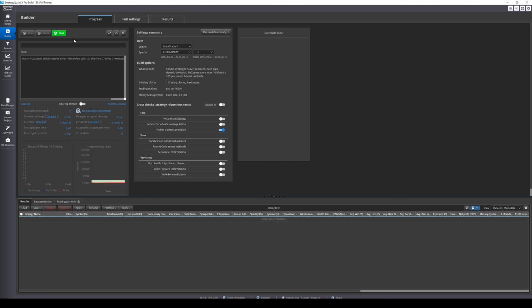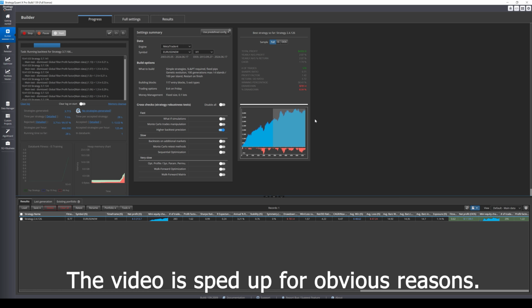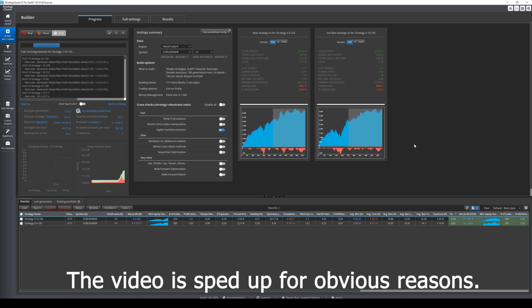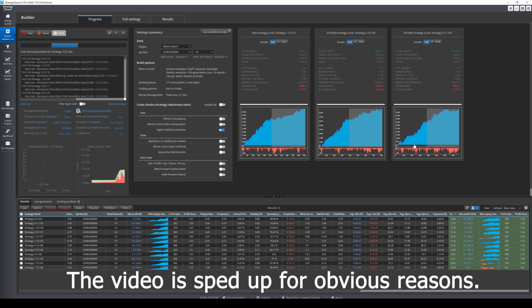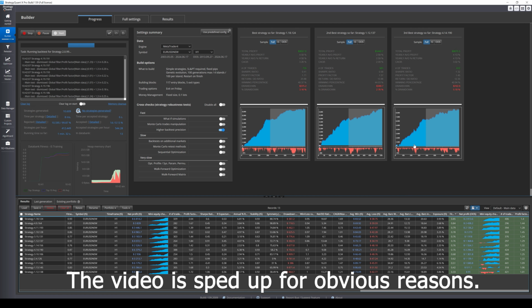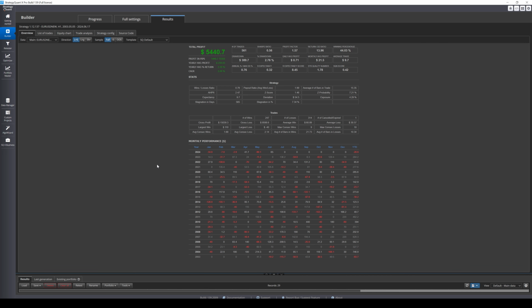I'm going to start the evolution process, and as strategies begin to emerge, they will appear at the bottom. I selected one of the algorithms to show you a few interesting things.